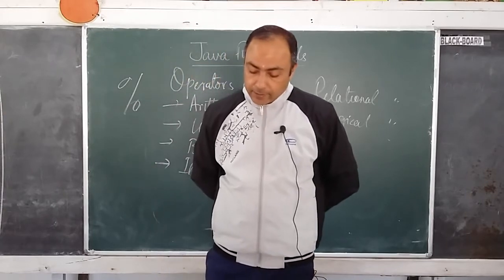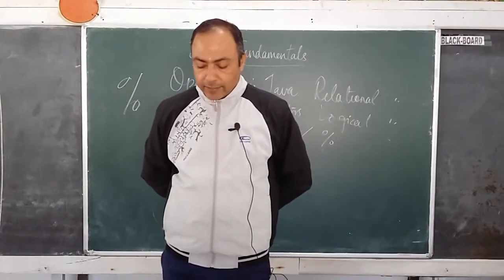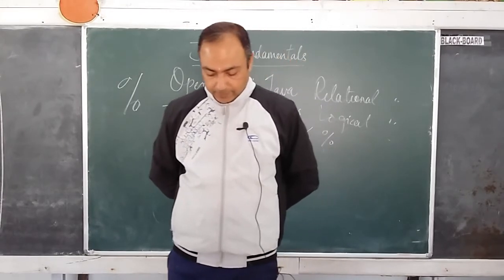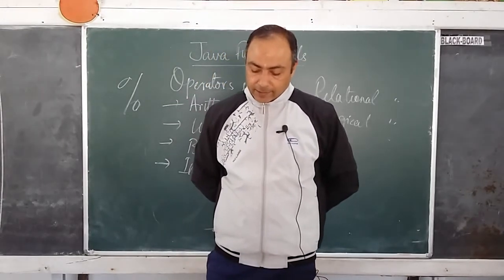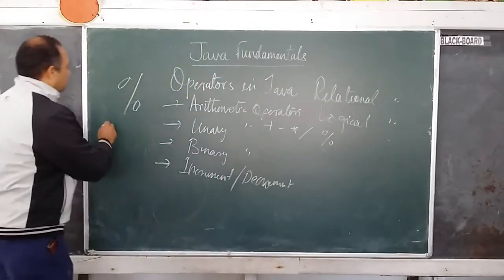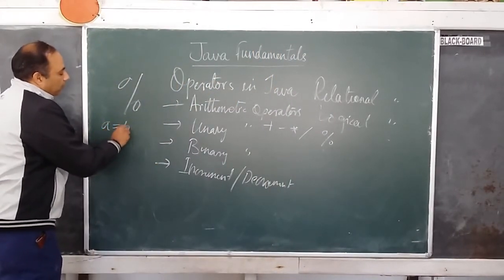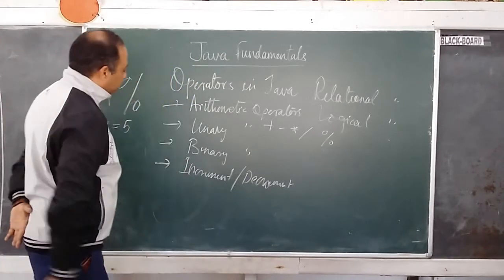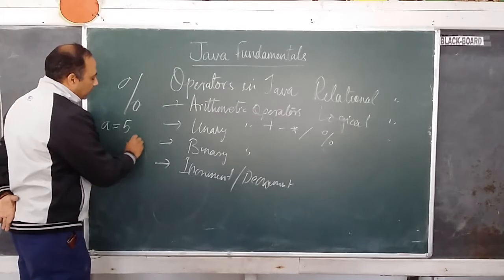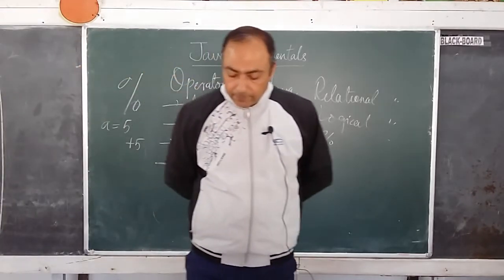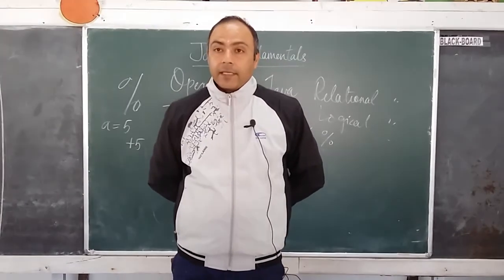So another type of operator is the unary operators. The unary plus precedes an operand. The operand of the unary operator must be of arithmetic type. So if I write a equals 5, then if I write plus 5, that means a plus means 5.